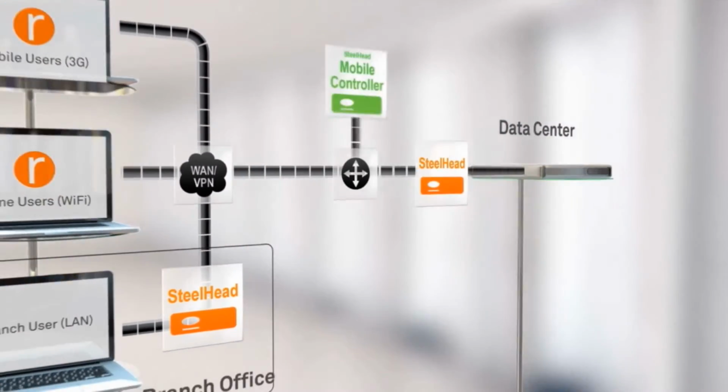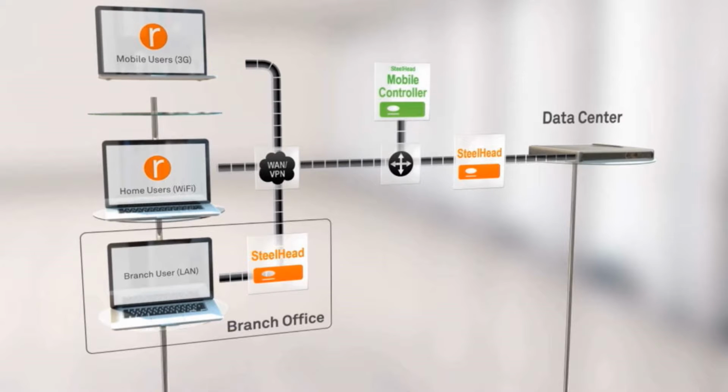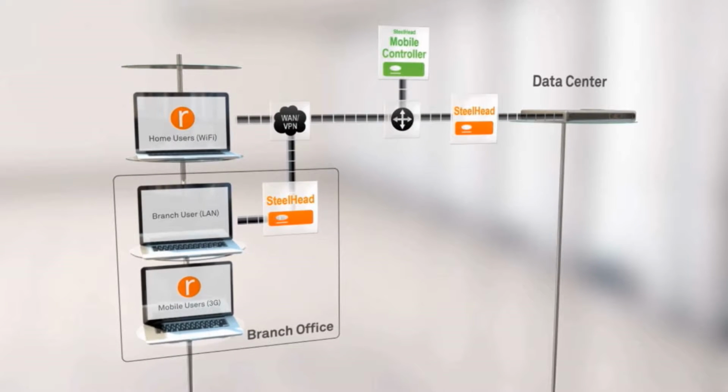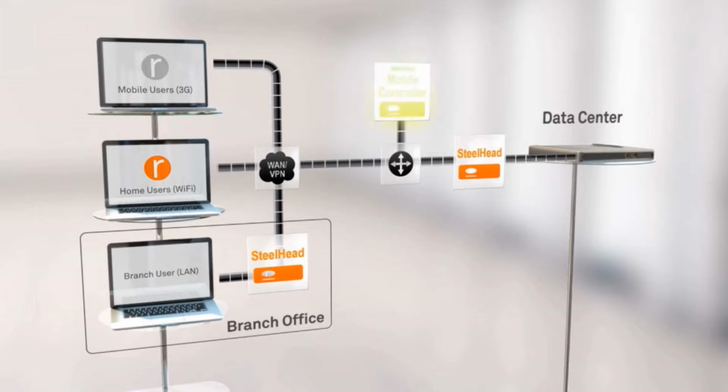Now, one of the questions is, can we put mobile clients and have a Steelhead in a branch office? Which one do we use? Well, the good news is you can have both, mobile clients and a Steelhead in the branch office, and they'll interoperate with each other perfectly. You'll have users in the branch office with the mobile client working with the branch office Steelhead automatically and optimizing with the branch office and data center Steelhead.